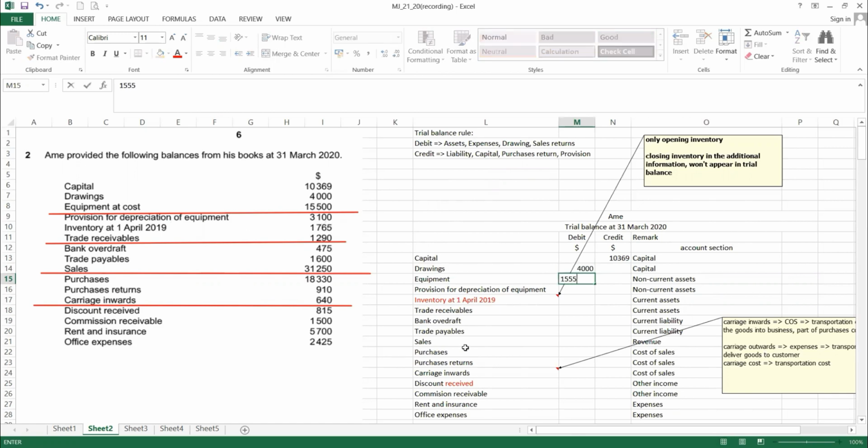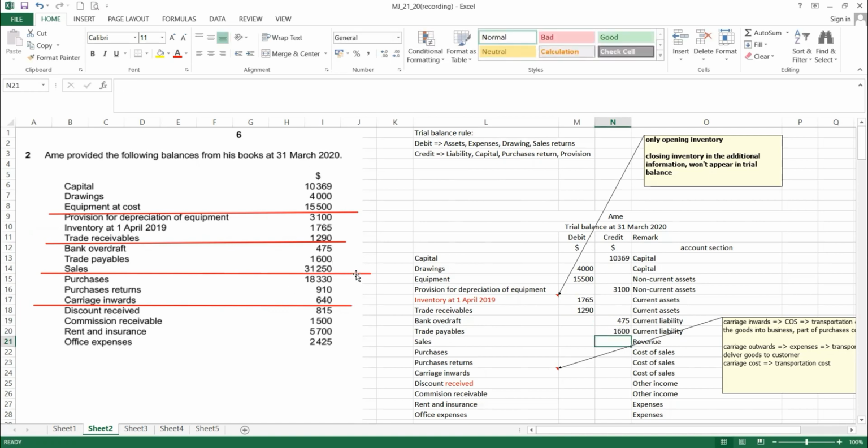Okay, next, drawing. Drawing, even though it's capital, reduces the capital amount, so it's on the debit side. Equipment, 15,500. Provision, 3100. Inventory, 1765. Okay, trade receivable, 1290, because all defined already, easier for us. Next, bank overdraft, 475. And then trade payable, 1600.